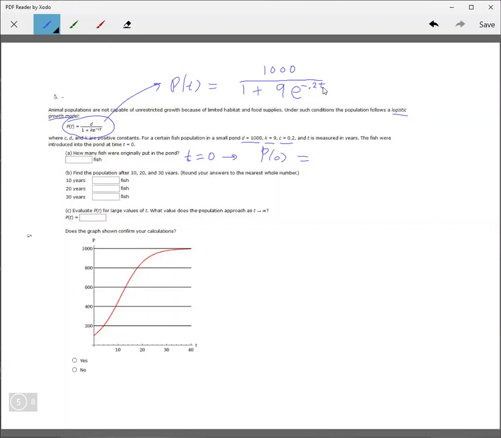You plug a 0 in here, plug a 0 in here. And that'll be e to the 0. And e to the 0 is 1. Okay, so you're going to get 1,000 over 10, which is 100. Answer to that's going to be 100 fish.